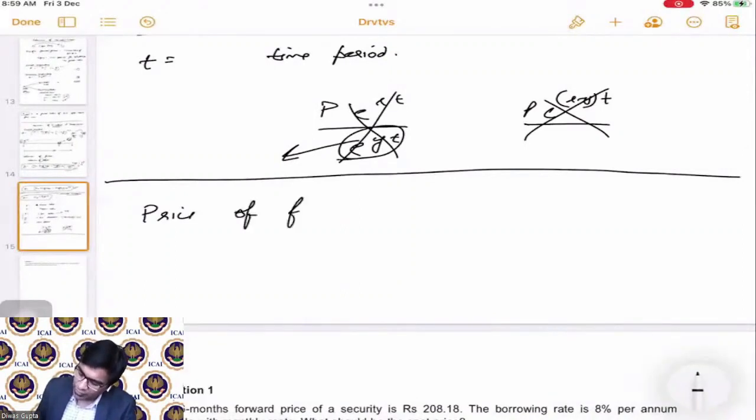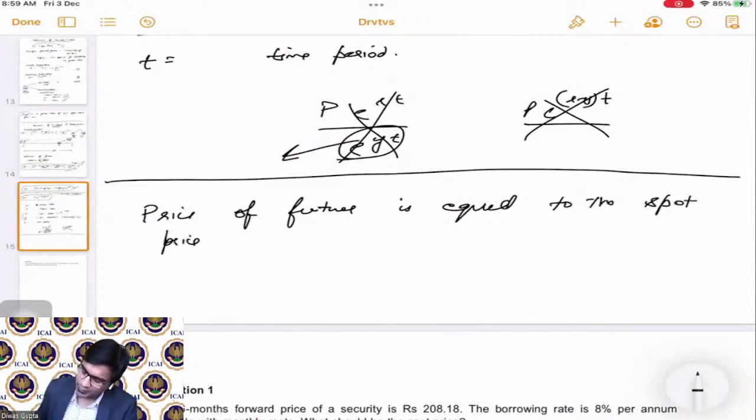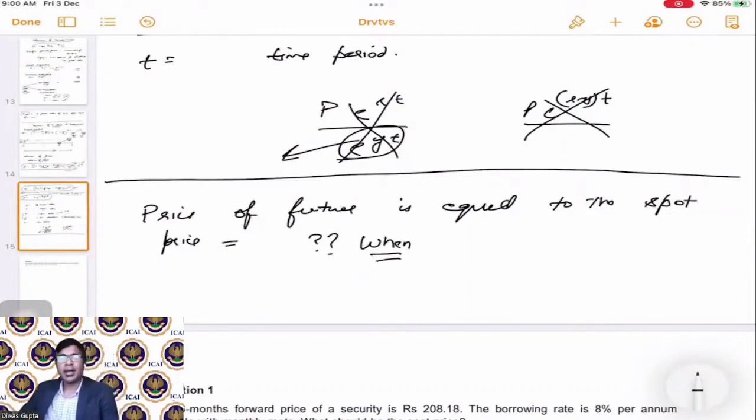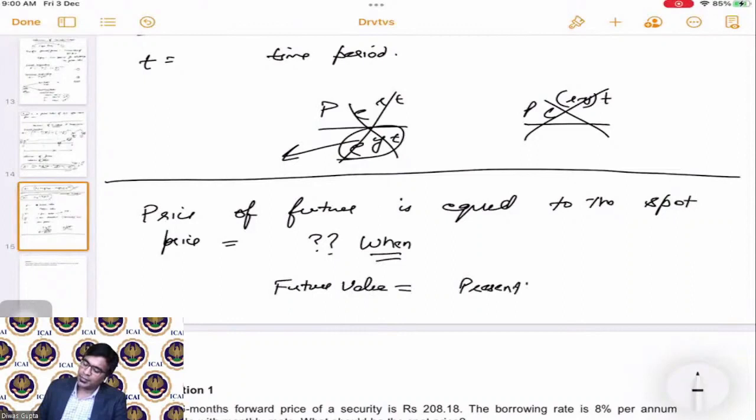Price of future is equal to the spot price. The question is, when can there be a situation that the price of future is equal to the spot price? That means the future value is equal to the present value.